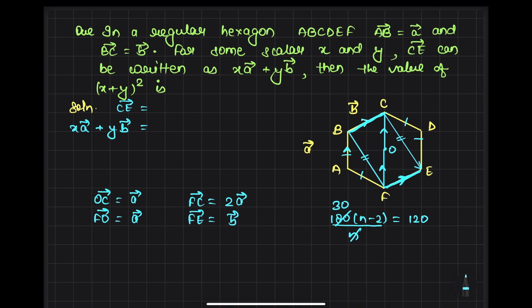Okay. Now you have to ignore everything else and just focus over here. You need what? Vector CF. So suppose CF is a resultant vector. So you need two vectors.